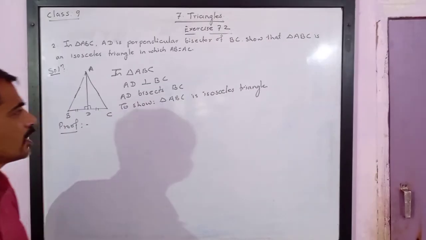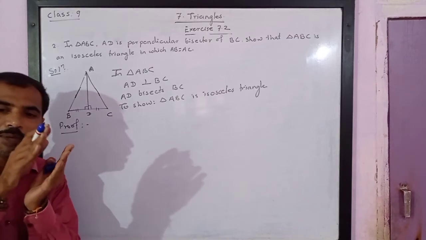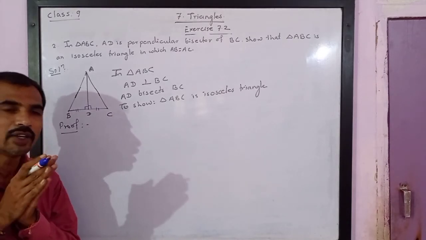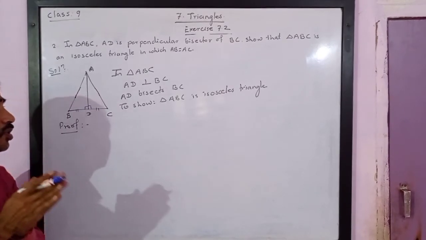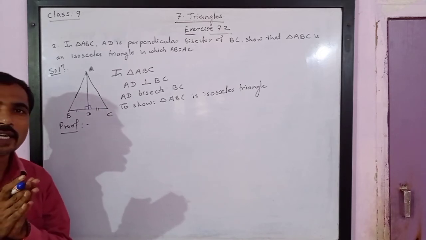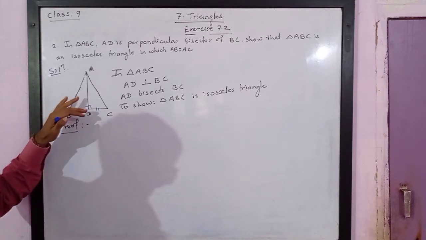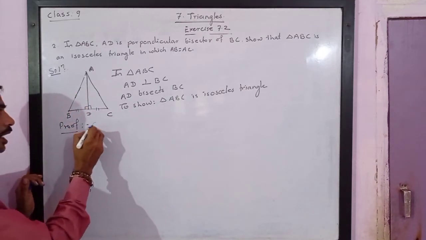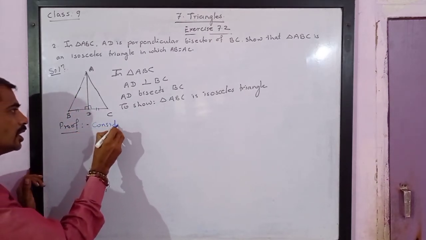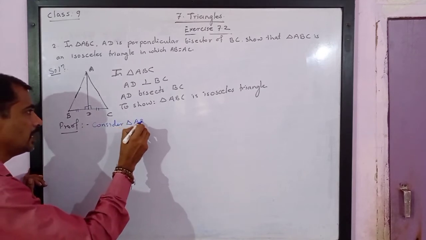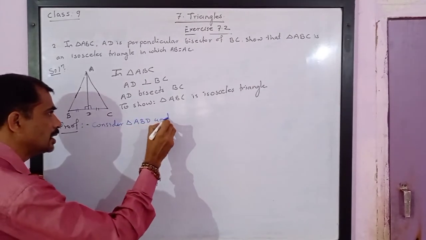So if two triangles are congruent, it means if you keep them one above the other, they will exactly coincide. It also means that their corresponding sides and corresponding angles are congruent. So let us solve the problem. Here consider triangle ABD and triangle ACD.